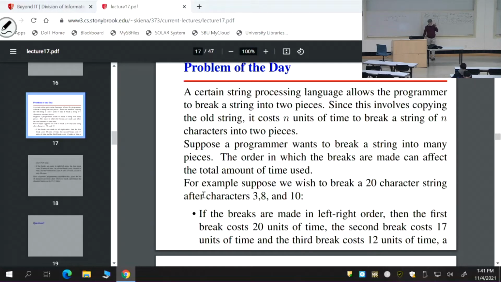Are there any basis cases? For recurrence relations, we need basis cases. Are there any values of this recurrence that we kind of know? Okay. Yes? Well, that's a good question.